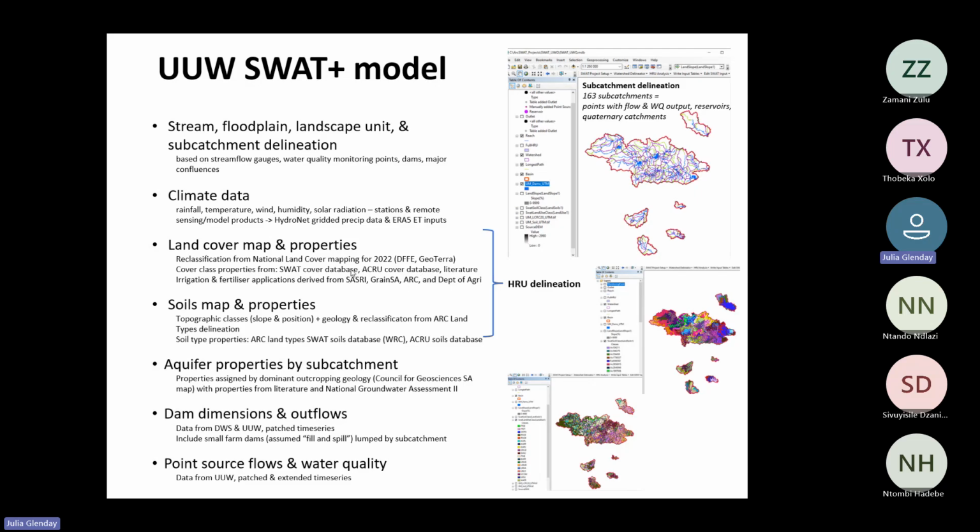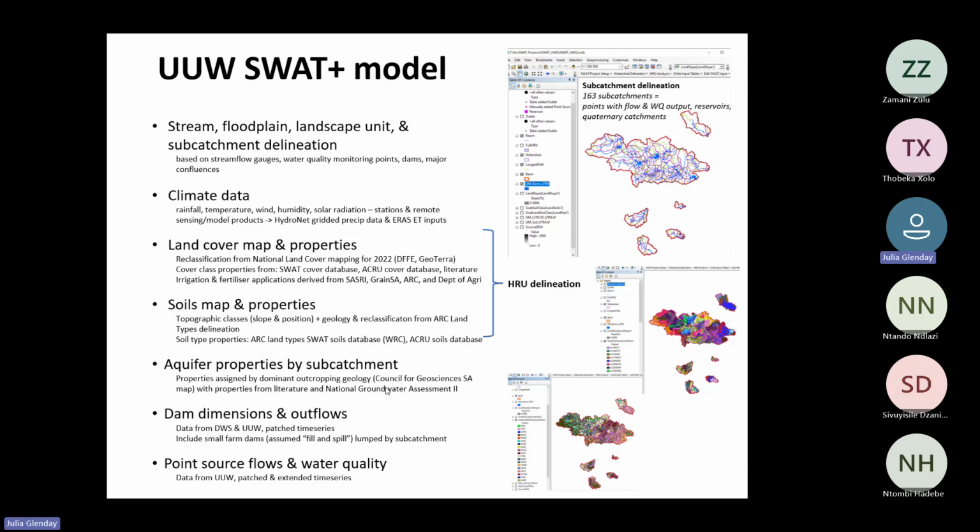As I go in, if you know of other sources to be looking at for your specific areas, especially the irrigation and fertilizer applications, I've generalized things quite a lot. So if you know of better, more local sources that you could point me towards, I can alter based on that. And then soils, maps, and properties. We'll get into how that was generated.